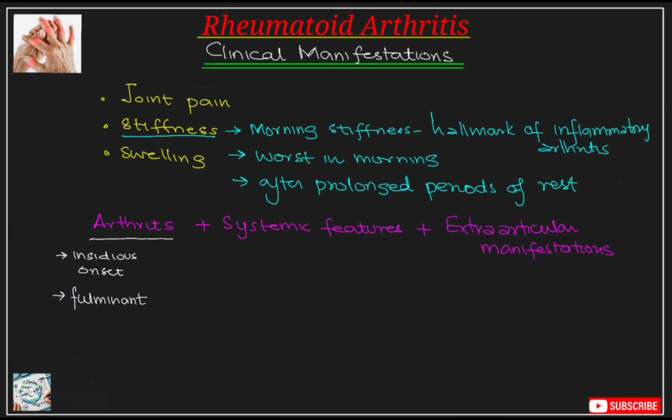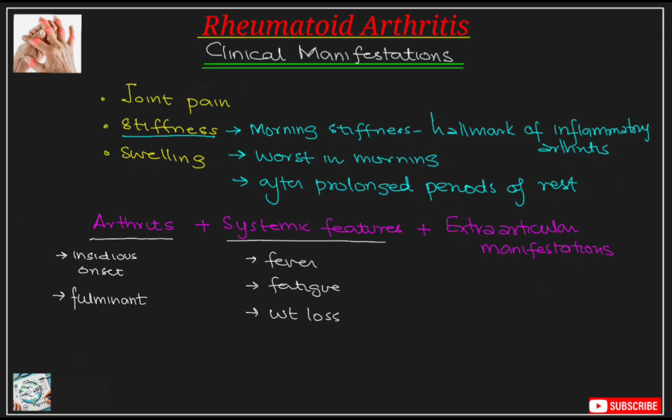Others may initially present with monoarthritis involving a single joint or oligoarthritis affecting a few joints for a prolonged period before progressing to a more typical symmetrical polyarthritis. Fever, fatigue, and weight loss can accompany the joint symptoms, making the RA more than just a musculoskeletal disorder.